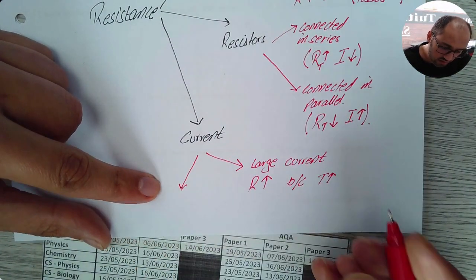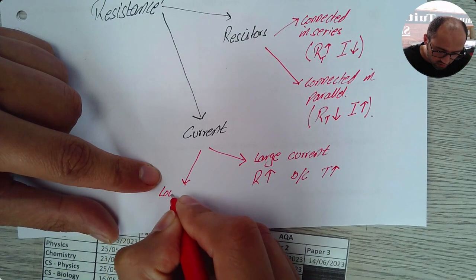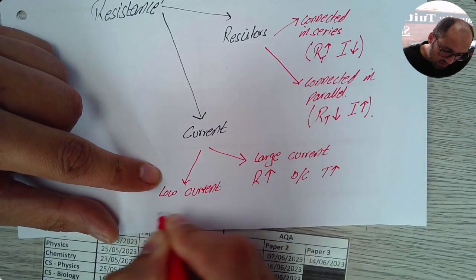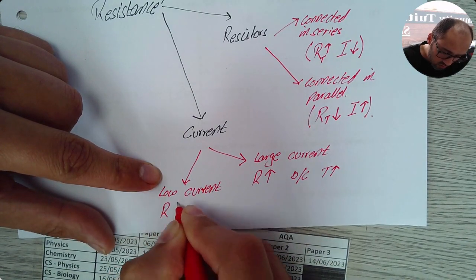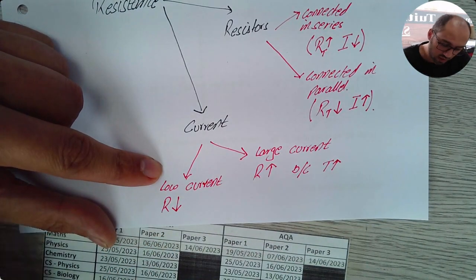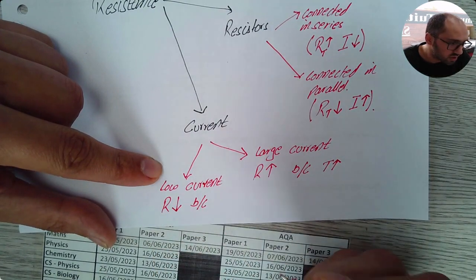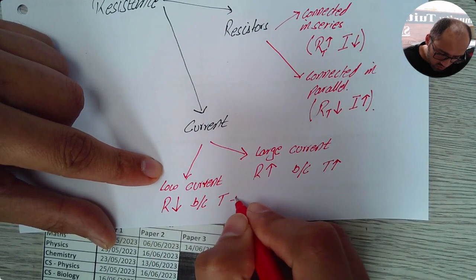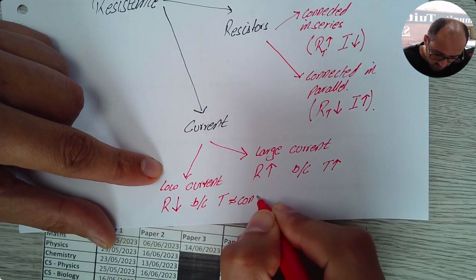Second thing that I can consider is low current. If I use low current, then my resistance will remain low because the temperature will remain almost constant.